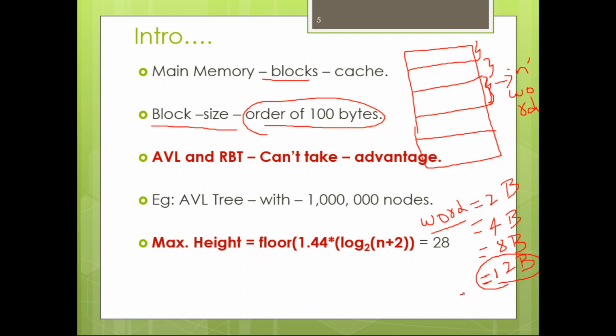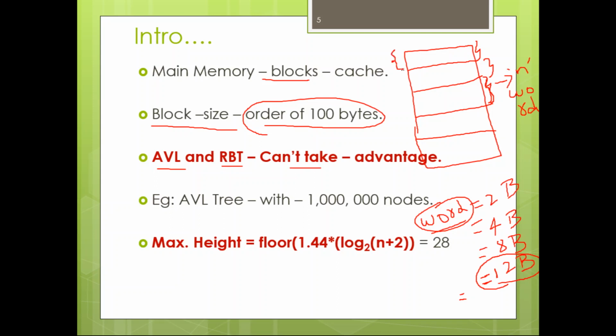So this is what I'm trying to say. The word size changes from computer to computer, but typically you can say that the block size will be of the order of 100 bytes. The problem with AVL and red black trees is that they cannot take advantage of the block size of the cache memory.